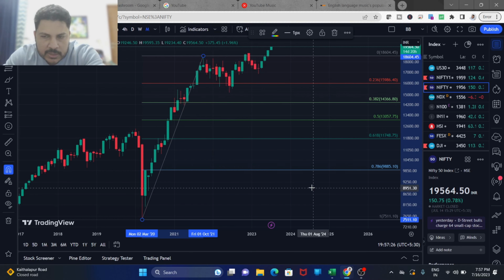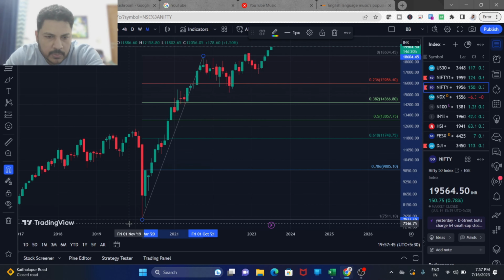Let's select this. What happened: the market came up to this 0.236 zone and moved from there, and this was the high point. It reached the high, there was a retracement back for about 1 to 3 months, and then it moved up.